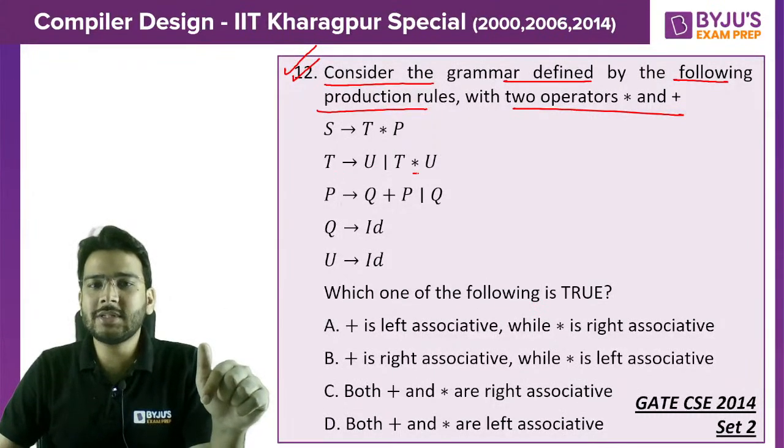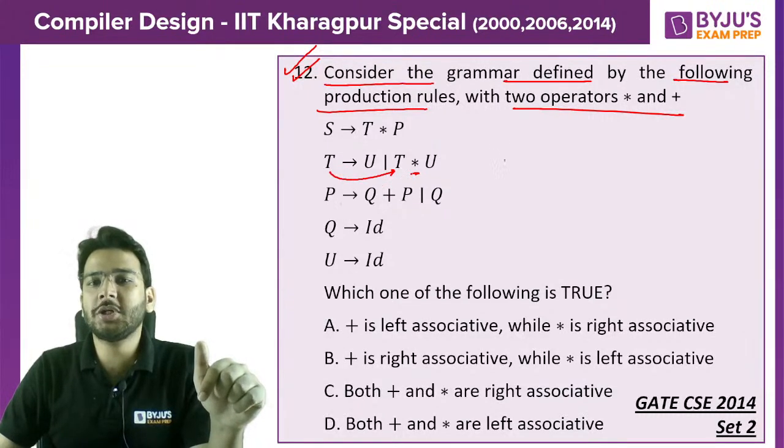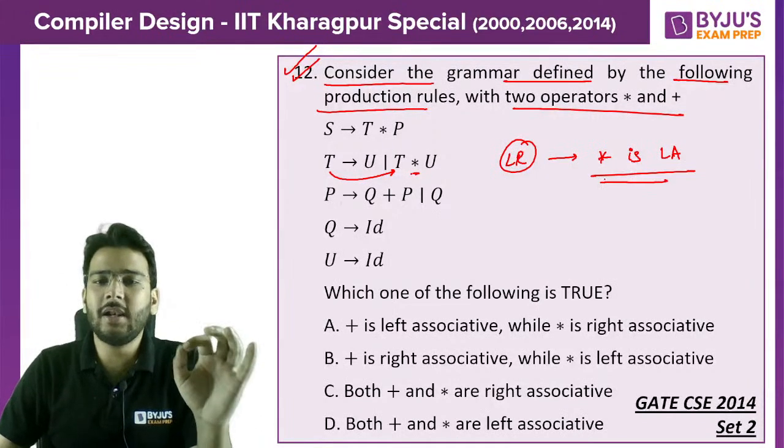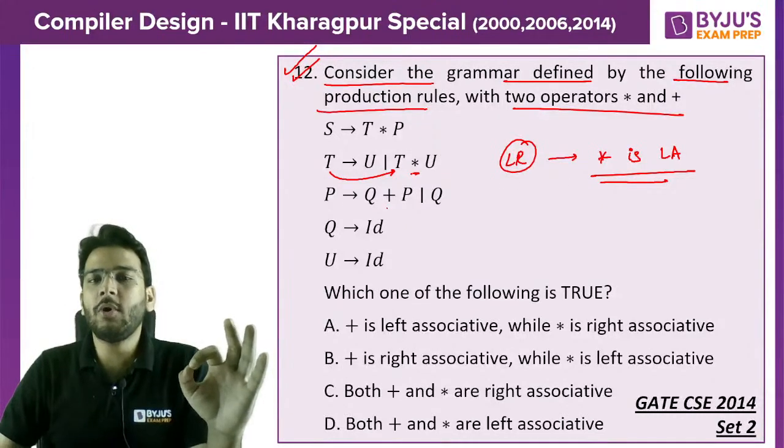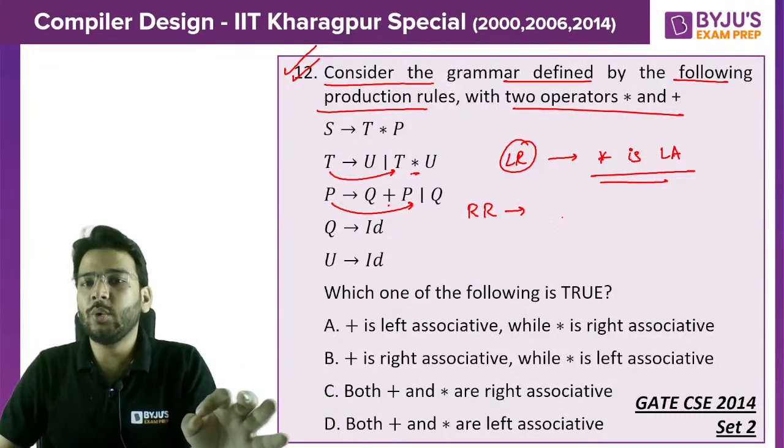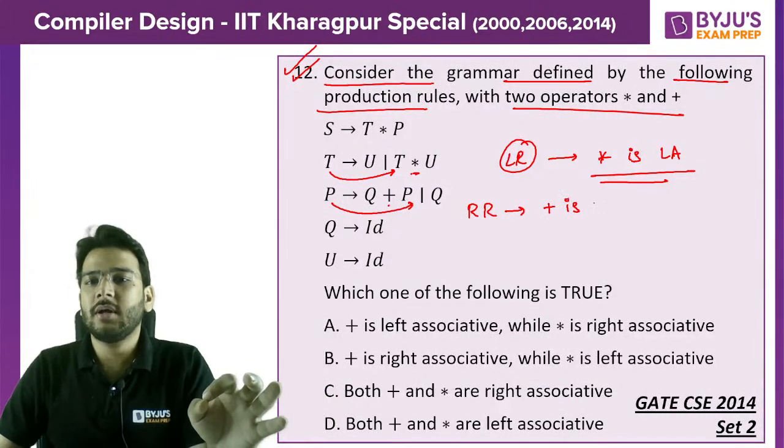Now here, star is present, you can see there is left recursion. So if you have left recursion, you can say star is left associative. What about plus? You can see right recursion is present. So as right recursion is present, you can say plus has right associativity.